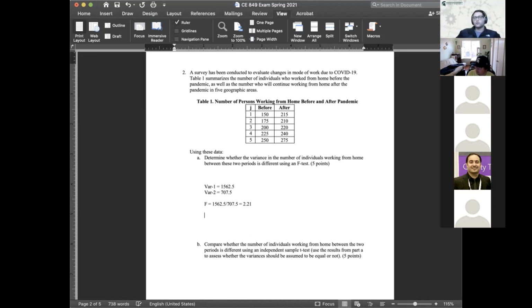And then this next part was probably the most missed part of the exam. Unfortunately, or fortunately, as the case may be, I didn't deduct any points because I actually had a mistake in the sample exam. So I was kicking myself as I was grading those over the weekend. But in this case, when we're conducting a two-sample test of variances, is that a one-sided or a two-sided test?